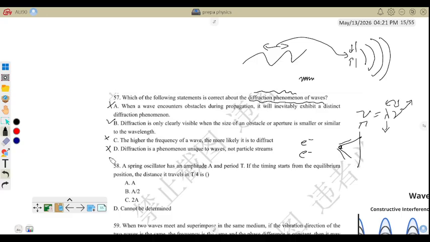So it's not reserved only for waves; particles as well can show a diffraction phenomenon.